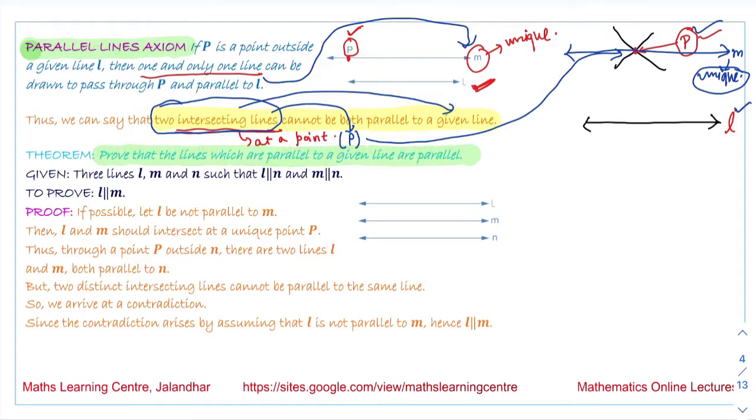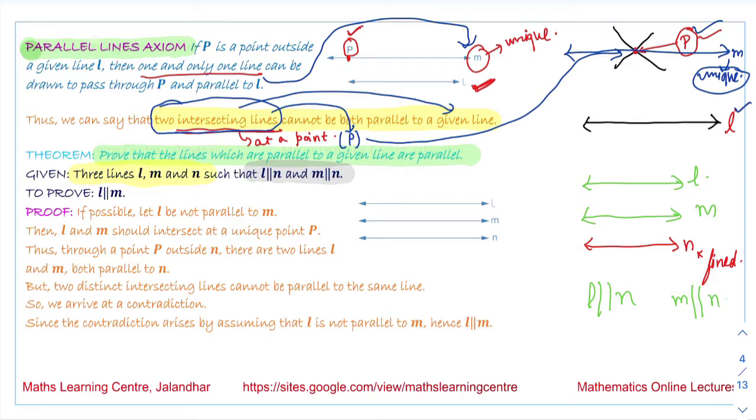What is given to us is three lines, L, M and N, with the condition that L is parallel to N and M is parallel to N. A fixed line N is given, and two more lines are given, one is the line M and one is the line L. It is given that L is parallel to N and M is parallel to N. We have to prove that L is parallel to M.